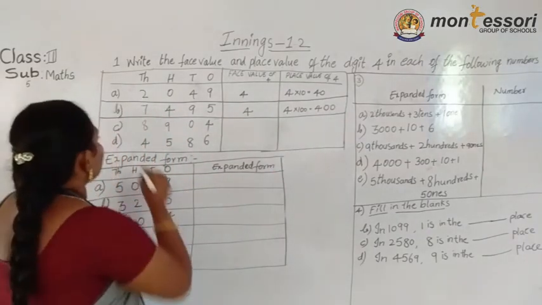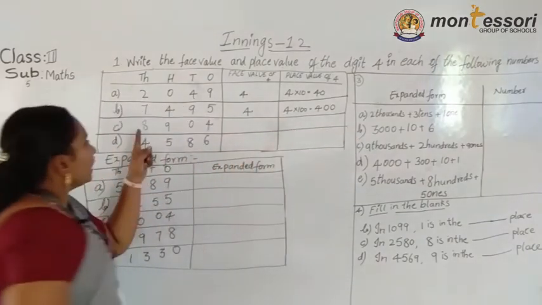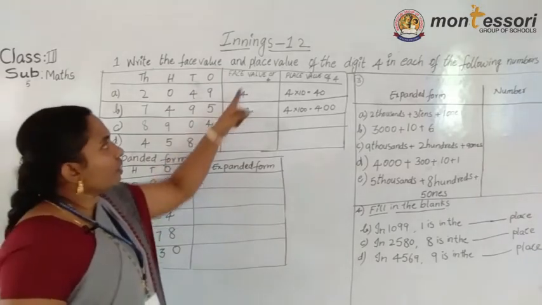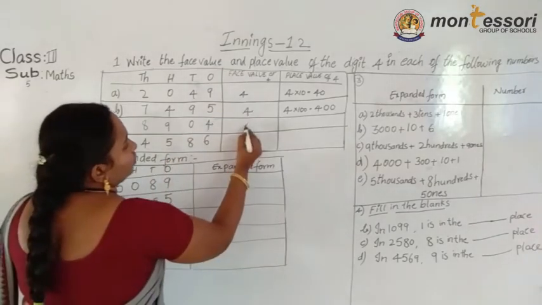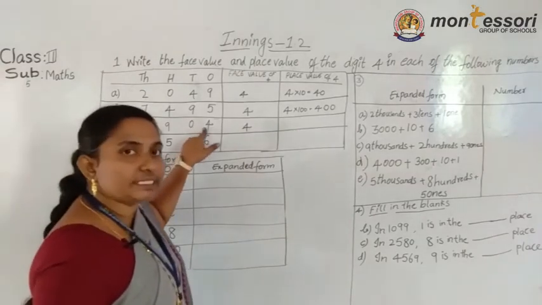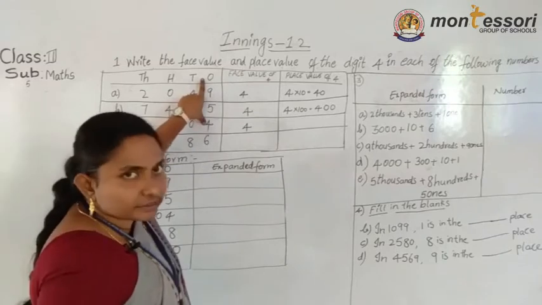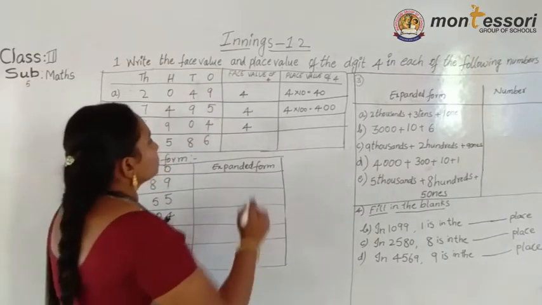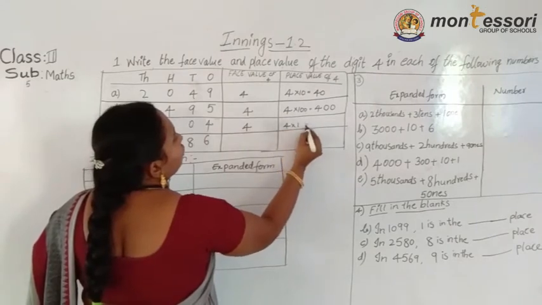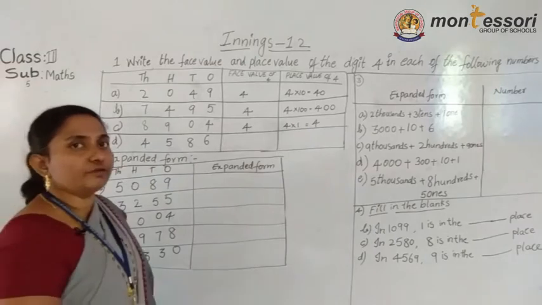Next problem: 8904. The face value of 4 means 4, not changed at all. Again, 4 is in which place? Ones place. So 4 into 1 is 4.